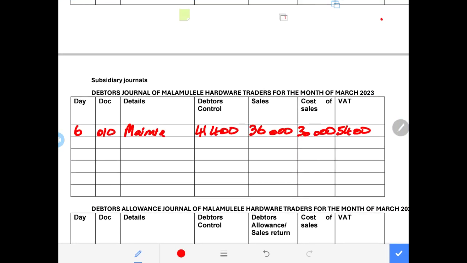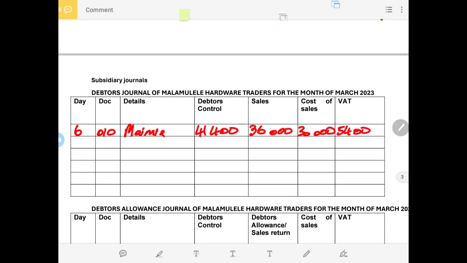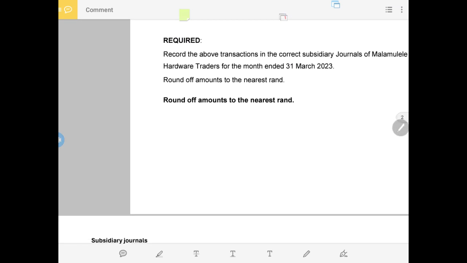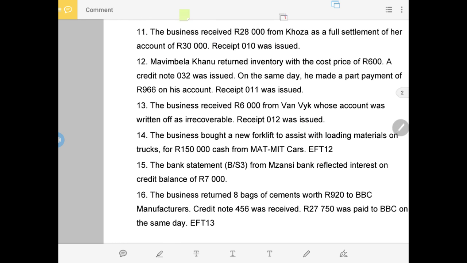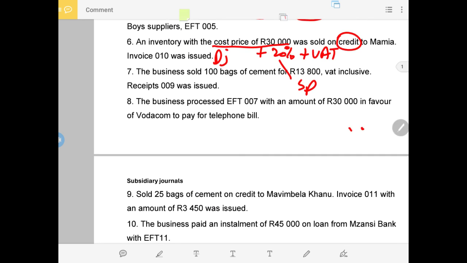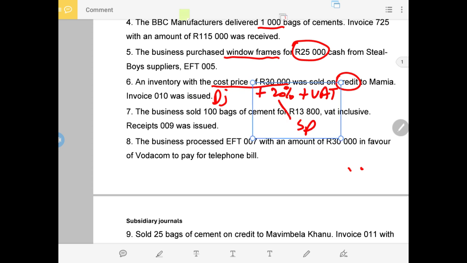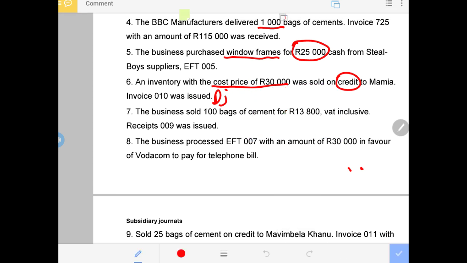Then we go to transaction number 7. We are now at less than 10 transactions that are left. Moving forward. Number 7 says the business, which is us, sold 100 bags of cement for 13,800, VAT included.